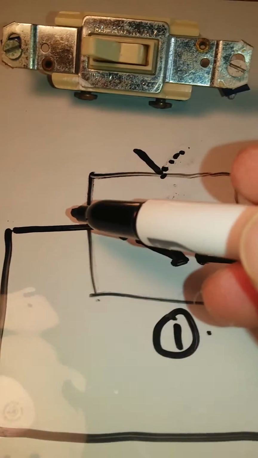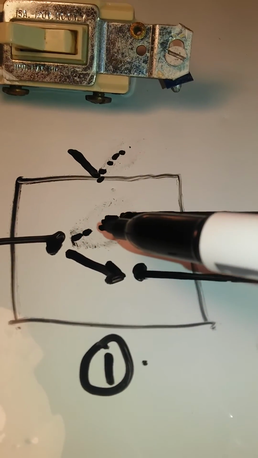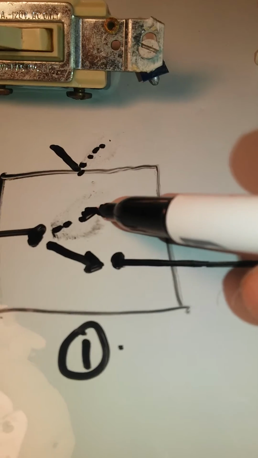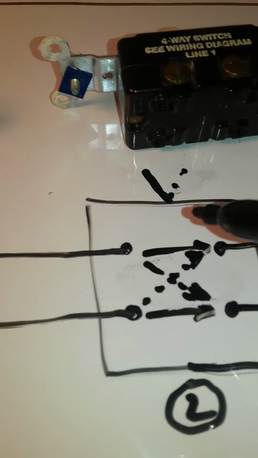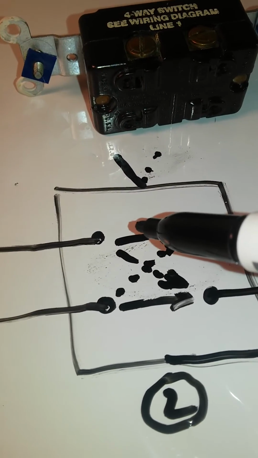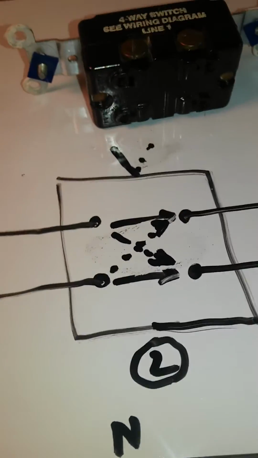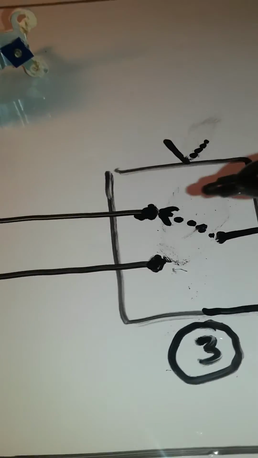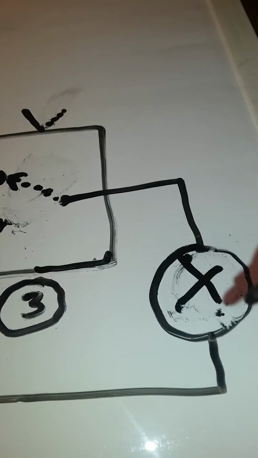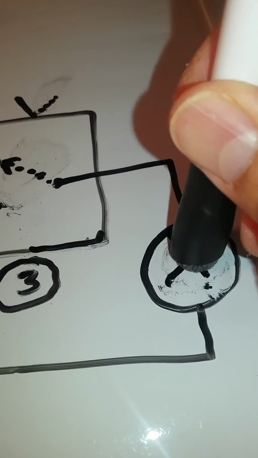Hot passes switch number 1 this way, goes to number 2, goes this way, and goes to number 3 and stops right at number 3. And when it stops here, the circuit is open, so the light turns off.